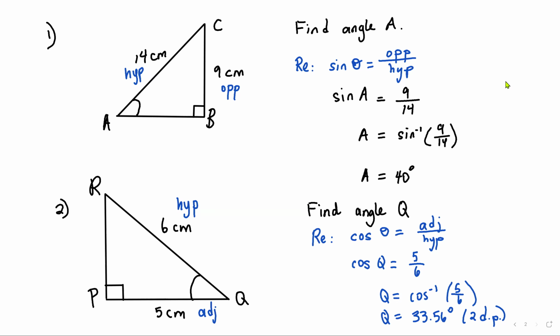Now, generally, it would be the same, right? If you round both of our answers to the nearest whole number, we would still get 34 degrees, because 33.9 and 33.56 will both round off to 34 degrees.